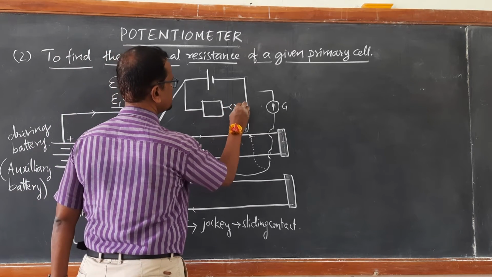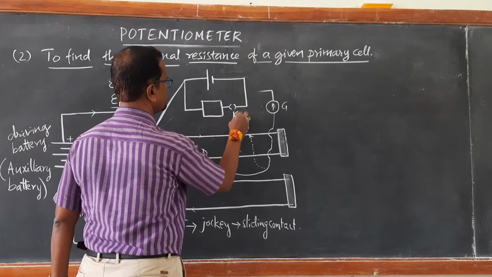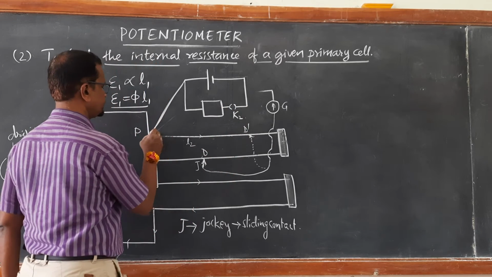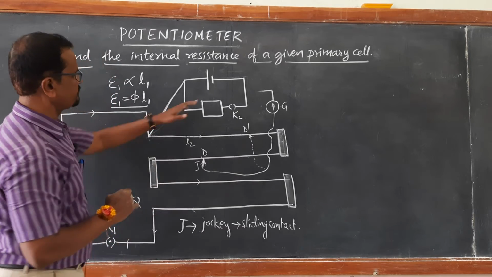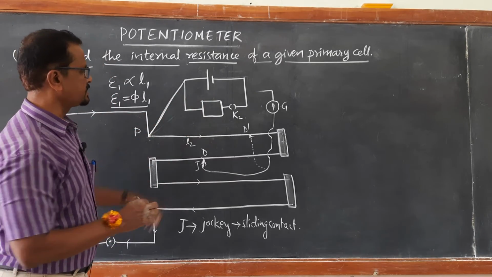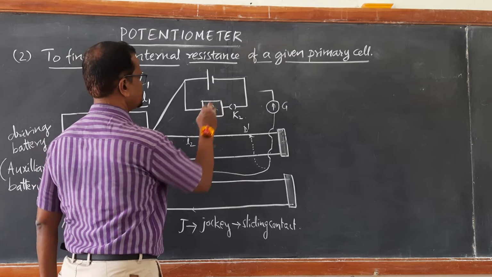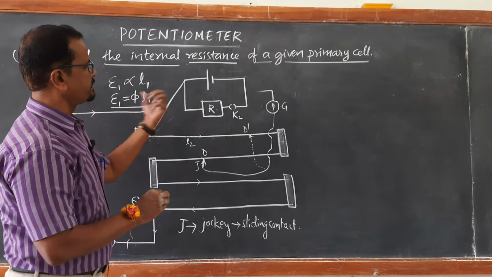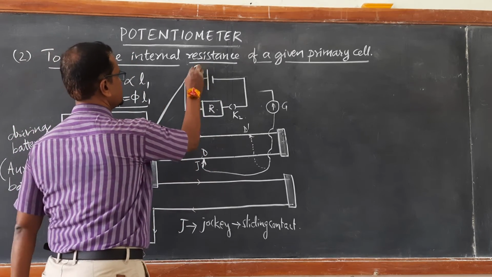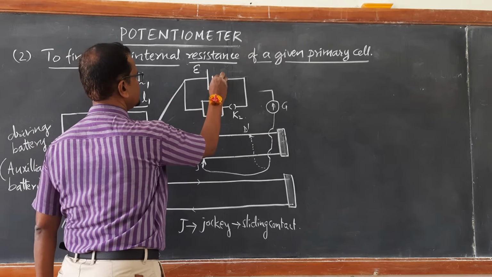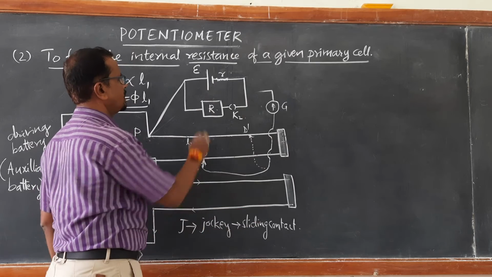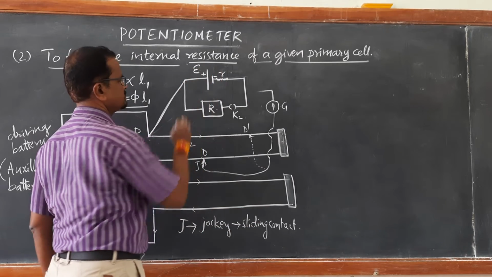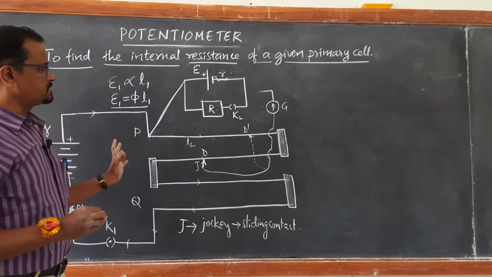And here there is a key K2 being taken and the remaining circuit is as usual. Instead of cell E2, there is a resistance box of some known resistance, which can be taken from here. So this is a cell of EMF E, let us say, having some internal resistance, symbolically shown as r. There is not much difference in the circuit.